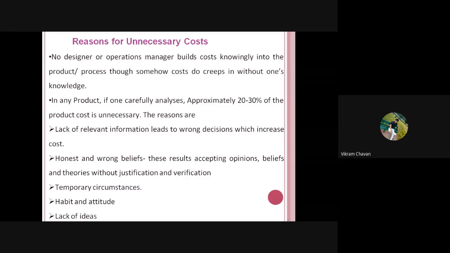Then the norms related to minimum wages. Consider that in India, the norm is that workers working in the private sector have to be paid 8,000 rupees per month.